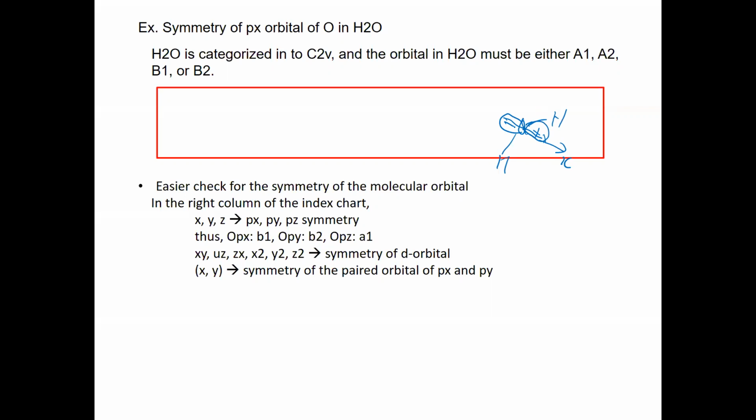What you have to check are the four symmetry operations: E, C2, and then sigma V, and then sigma V dash.